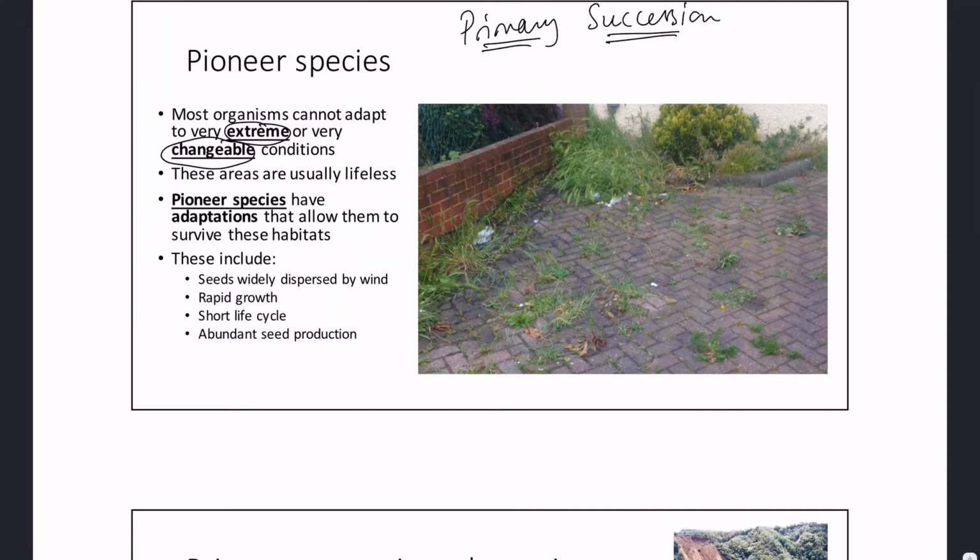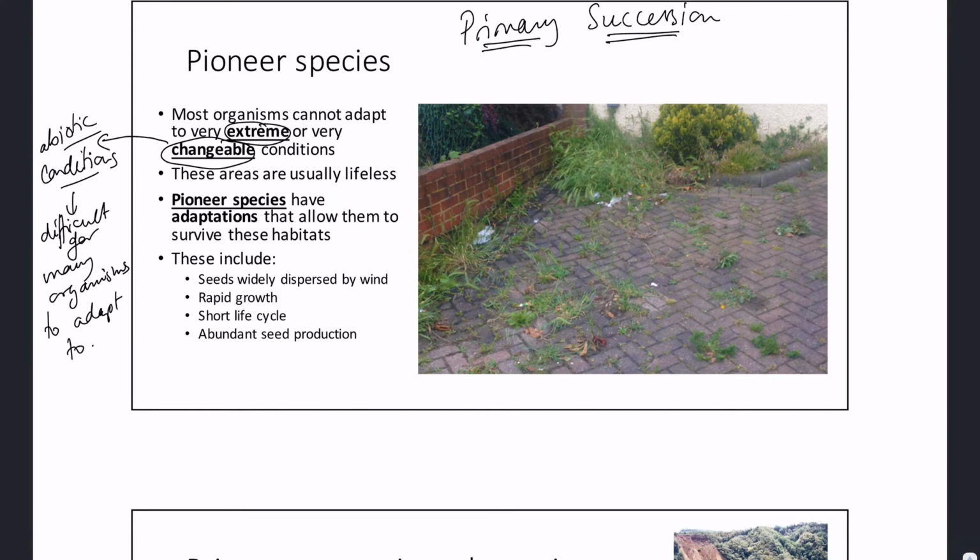Okay? And primary succession begins with an understanding that an area that is lifeless because it's got extreme changeable conditions. Remember this. And better, it's got extremes and very changeable abiotic conditions. The more ideas you can link together, remember, better chance you have of collecting marks. So, lifeless places have very extreme or changeable abiotic conditions, and this is difficult for many organisms to adapt to.